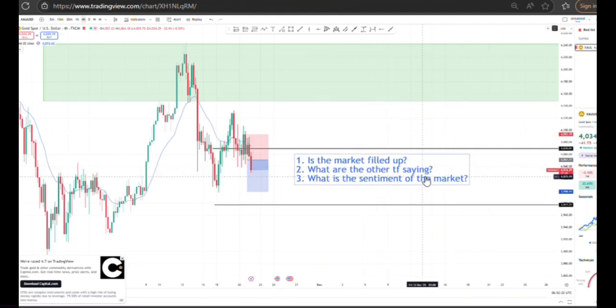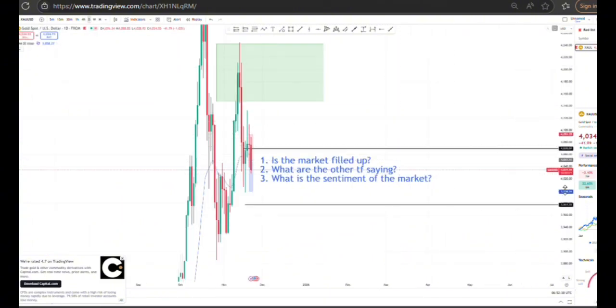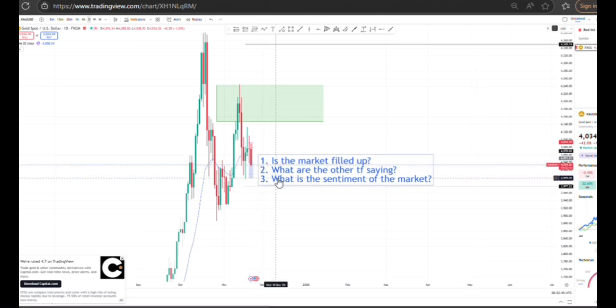What are the other time frames saying? The daily time frame is saying bearish. Buyers, nothing. I don't have anything buying in this market for today.